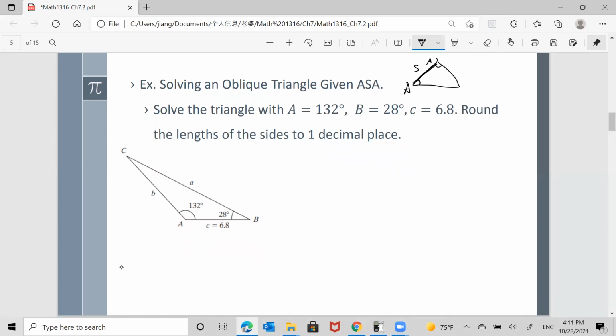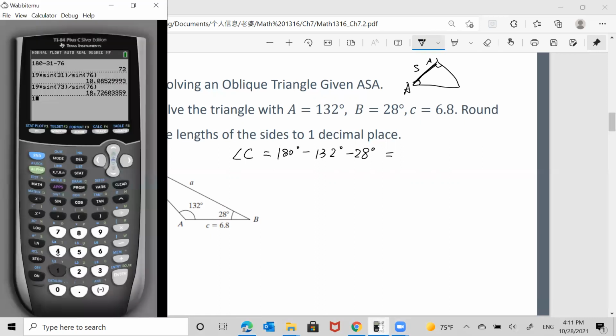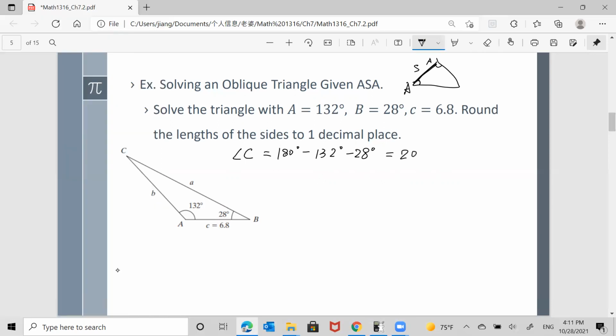So if I see two angles, can I find another angle? Yeah. So angle C, I can use the angle C, or I just put C. It doesn't matter. So 180 degrees minus 132 degrees minus 28 degrees. What is that? So 180 minus 132 minus 28 equals 20. So 20 degrees. So this is angle C.